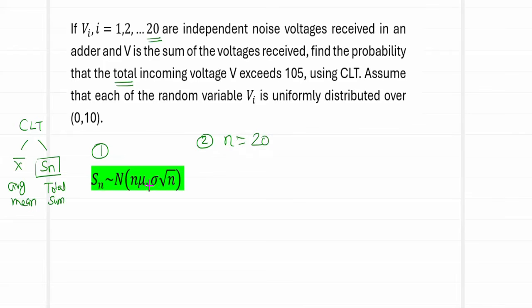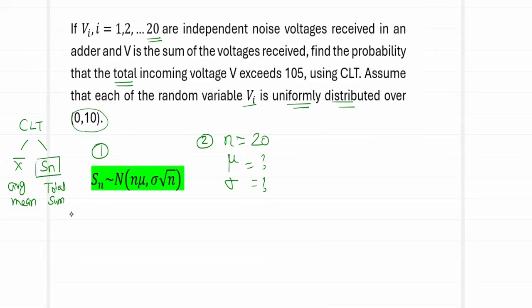Now the second and the third data required are mu and sigma. So how do we get these two quantities? We will search whether they have given any words about mu and sigma. We have been told that each of the random variables Vi follows what distribution? Uniform distribution. Over what interval? 0, 10.